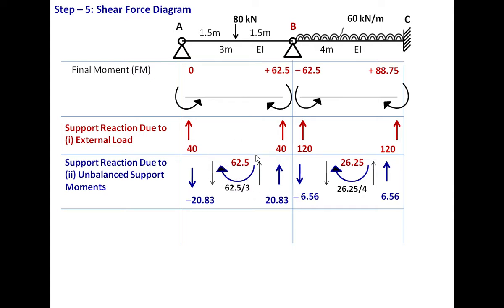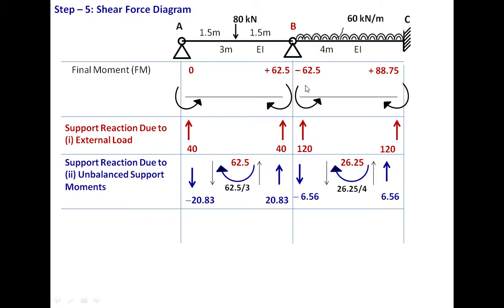So this 62.5 kilonewton meter couple is balanced by developing reactions at the supports in the anti-clockwise direction, and the value is the unbalanced moment divided by span. 62.5 divided by 3 is 20.83. It will be downward here and upward here, so that it becomes anti-clockwise.